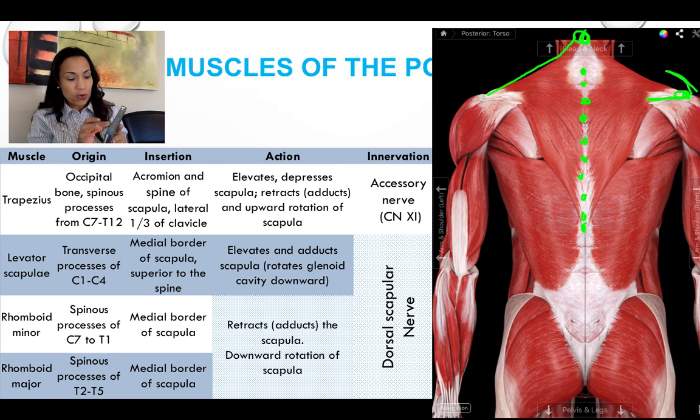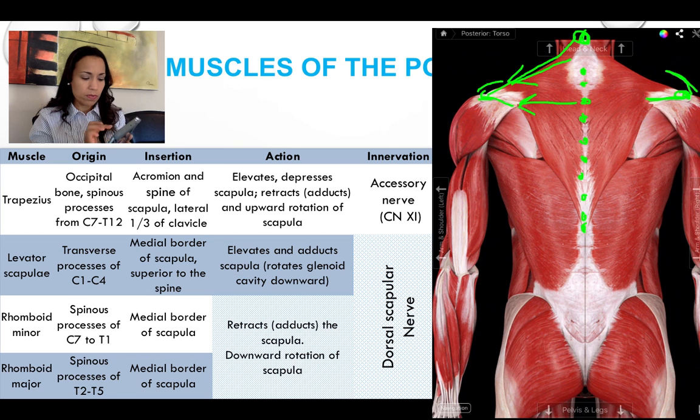the clavicle. So you can see that the trapezius fibers have several directions, right? We have the superior trapezius, the fibers descend or they go down to insert in the acromion, spine of the scapula and clavicle. The middle trapezius, the fibers run horizontally, and from this origin in the inferior fibers of the trapezius those fibers ascend to attach to the spine of the scapula, acromion, and the lateral third.